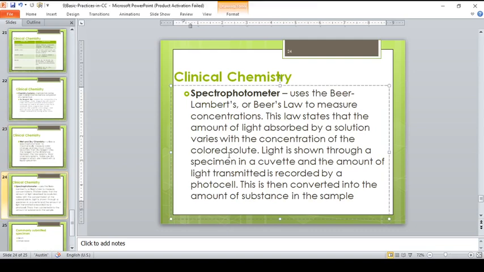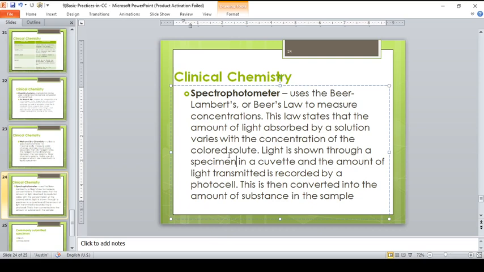The spectrophotometer uses Beer-Lambert's law to measure concentration. This law states that the amount of light absorbed by a solution varies with the concentration of the colored solute. Light is shone through a specimen in a cuvette, and the amount of light transmitted is recorded by a photocell. This is then converted into the amount of substance in the sample.